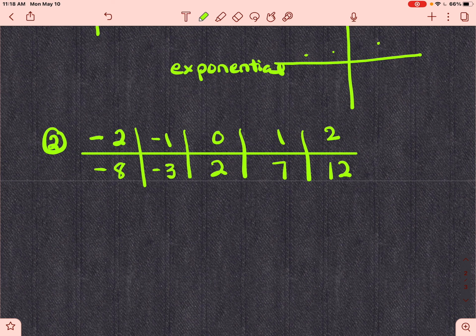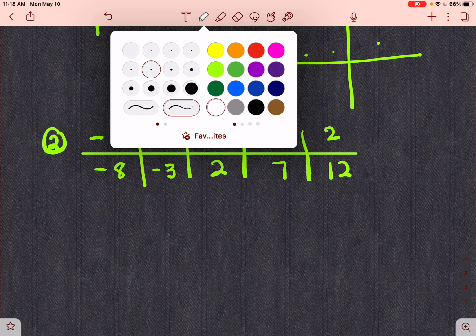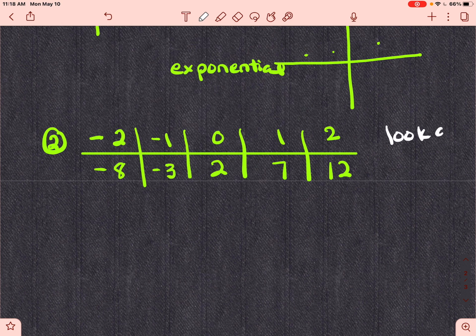All right, we're going to be looking at the y's. So I'll write that down for you. The y's are here. Here's x and here's y. Y is usually on the bottom or on the right.